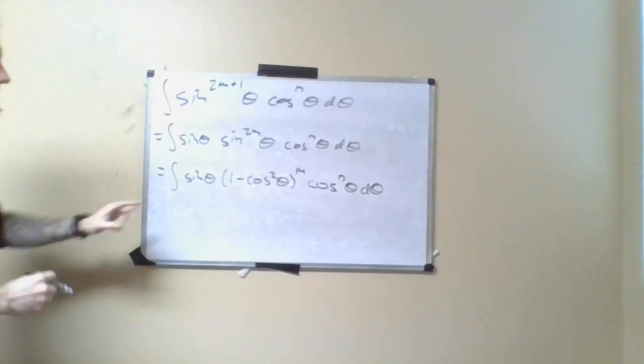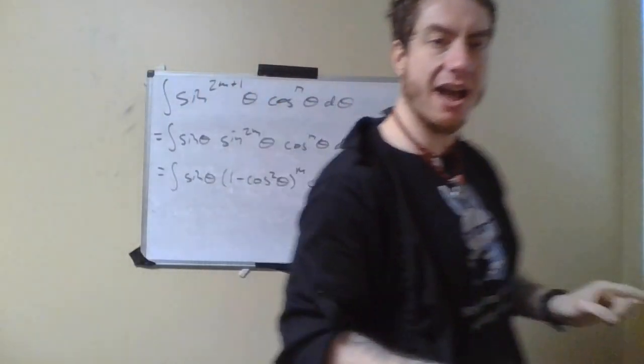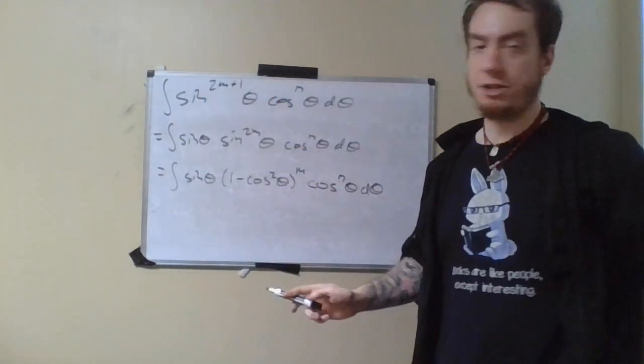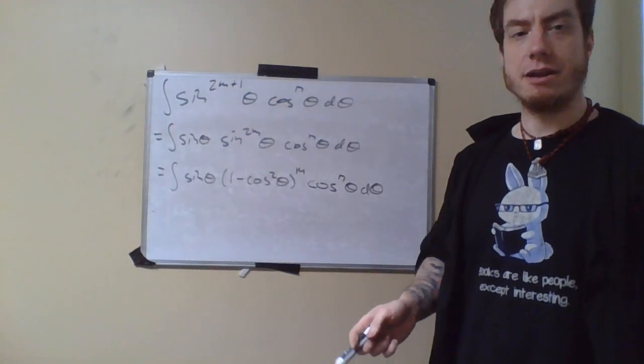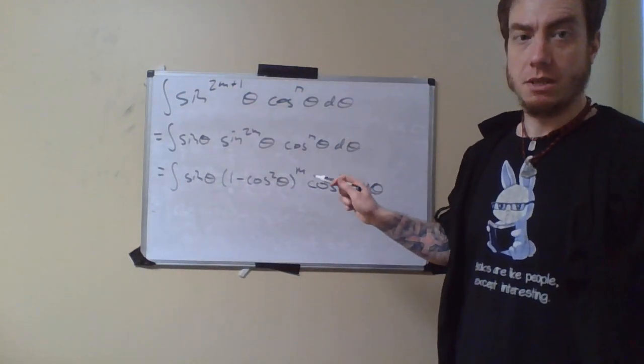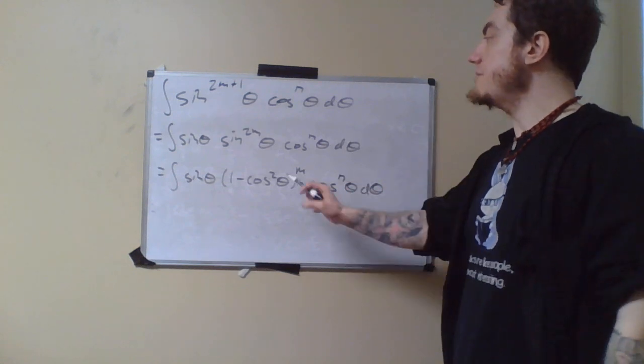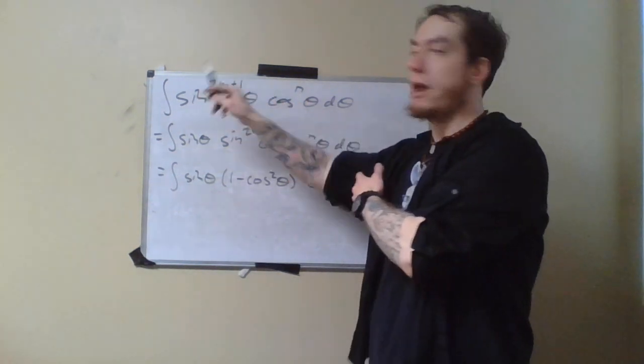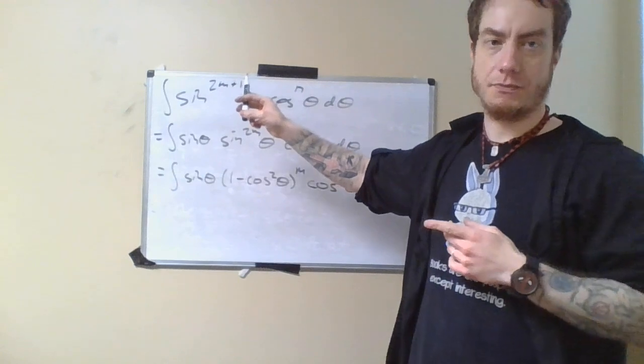Now, I then have to expand out this binomial expression here, and it's going to get ugly and end up involving a lot of terms, but we can do it. Okay, so you can do this as long as you have an odd power of sine.